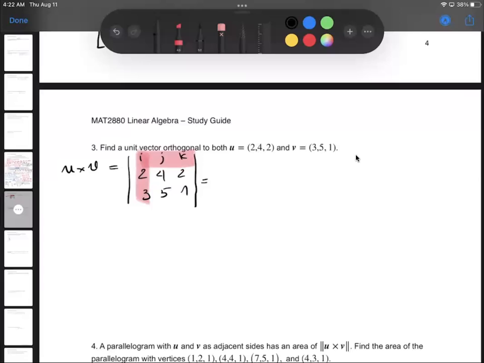B is 4, 4, so 1, 2, 3, 4 across and 4 up. Then 7, 5 must be up here, and then 4, 3.